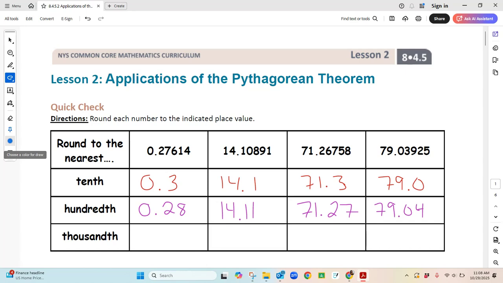I'm going to do the first one and give you time for the last. So for the thousandths, we're looking at the 6 and focusing on the place next door, which is the 1. 1 is 4 or below, so we're going to leave the 6 alone. So we should have 0.276. Go ahead and fill in the rest of your chart.